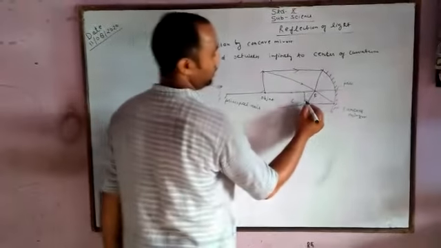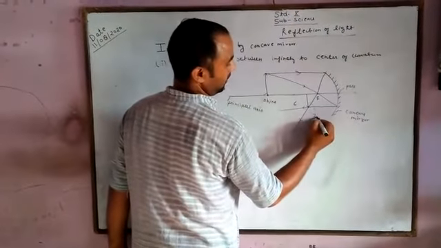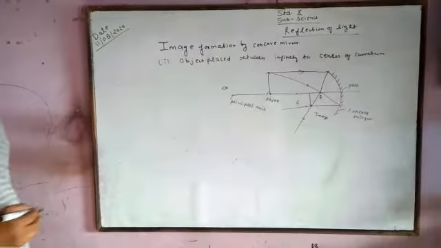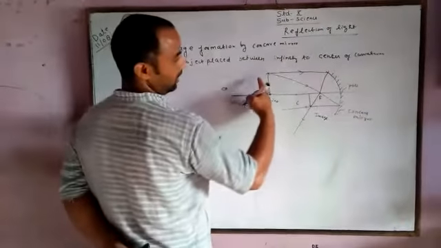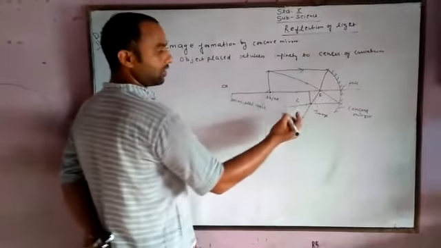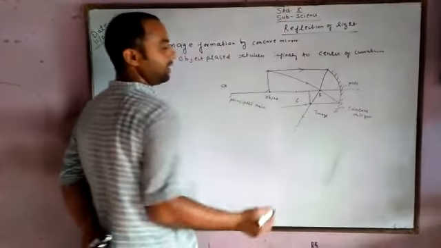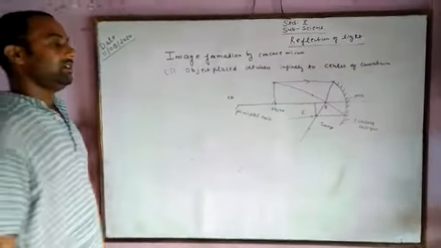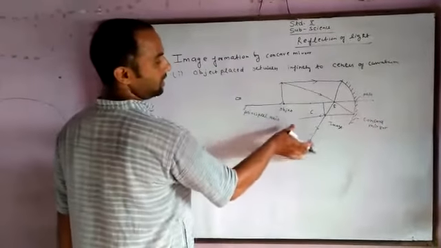And the image is formed at that point. What are the basic properties of the image? First, we see that the incident ray and the reflected ray meet at a single point. It means these rays actually meet at a point, and the image formed is a real image.